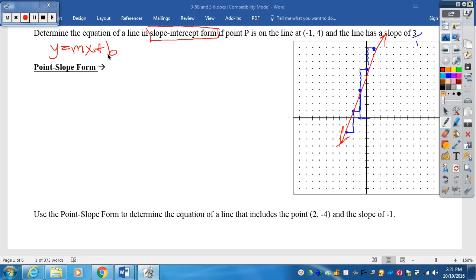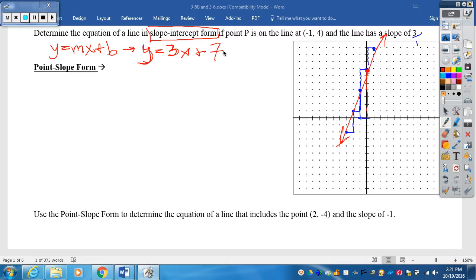And as we look at this problem, it's real simple because we already know the slope, and the slope is 3. So y equals 3x plus, and where does it cross the y-axis here? I can go up 1, 2, 3, 4, 5, 6, 7 right there. So y equals 3x plus 7 is actually the answer we're looking for, okay?